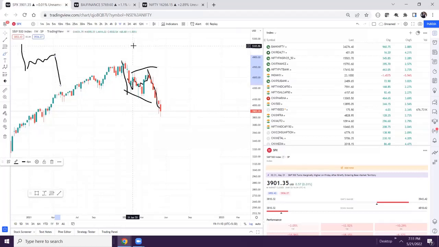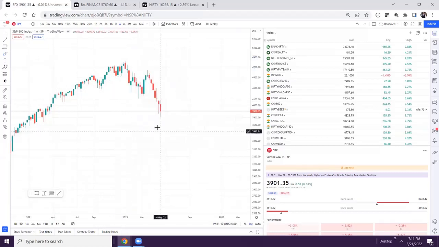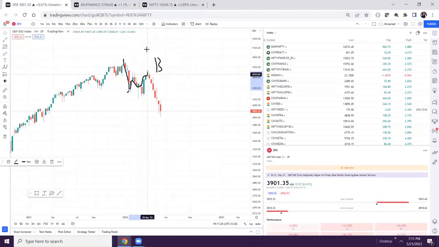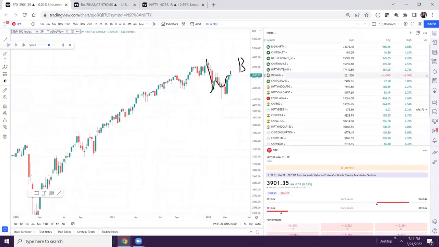Now this is the weekly chart, right? At this point, we know that this is A and this is B. Suppose this is not formed, and let me erase all this.